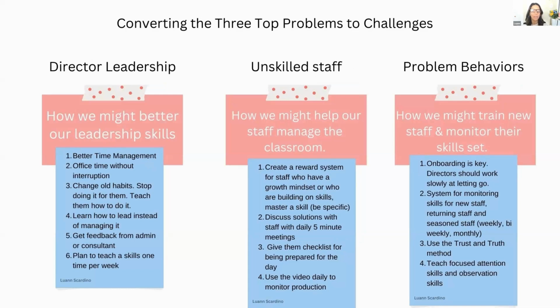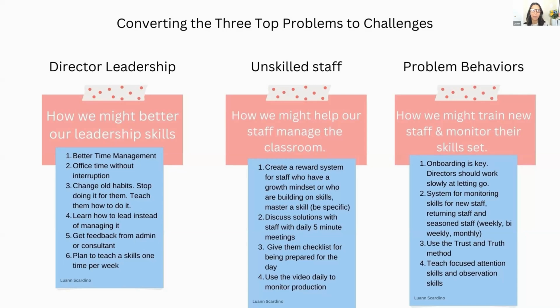So now we take the three top problems and we converted them to challenges. This is how it looks: how we might better our leadership skills, how we might help our staff manage the classroom, how we might train new staff and monitor their skill set. So you can see clearly, we're not saying poor leadership, unskilled staff, problem behaviors anymore.